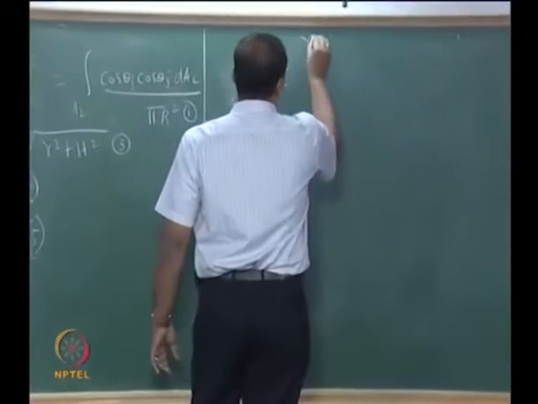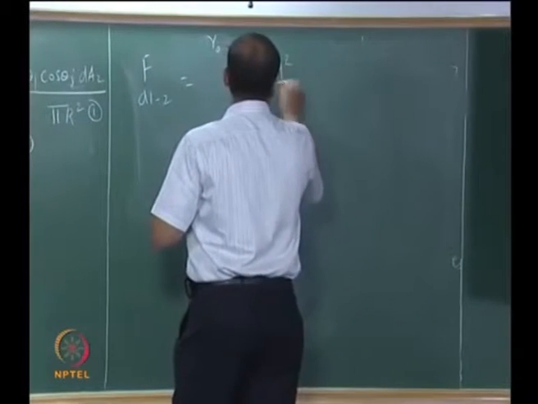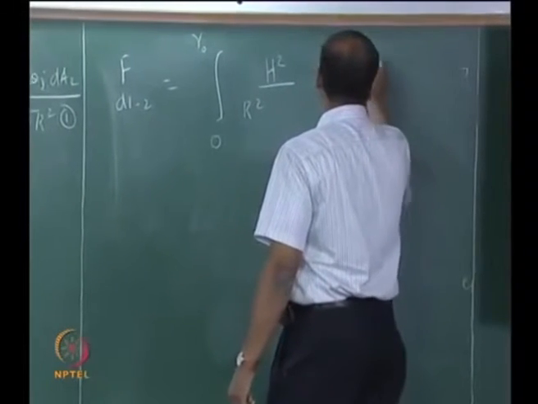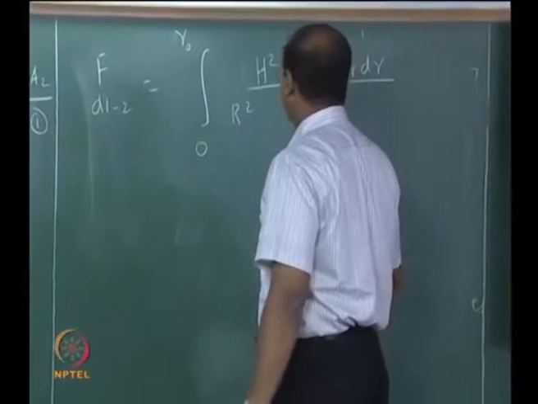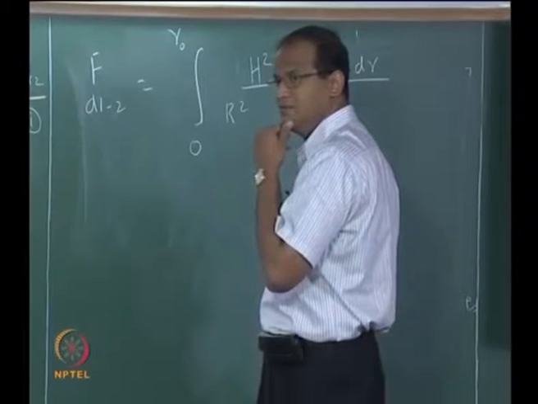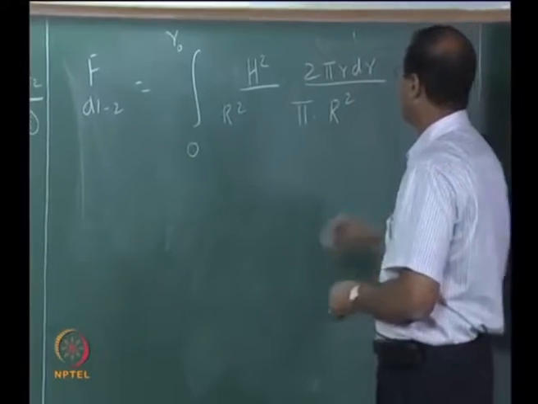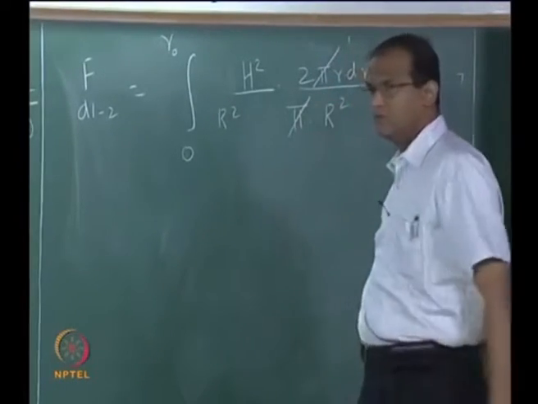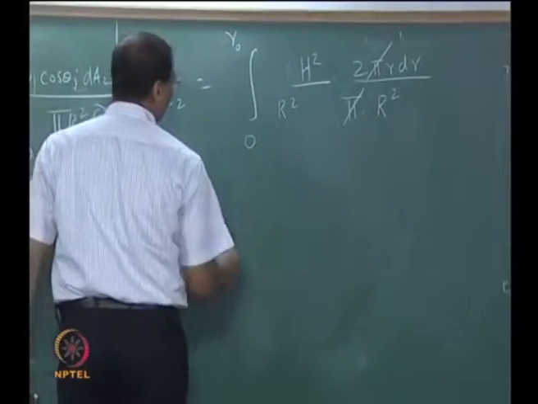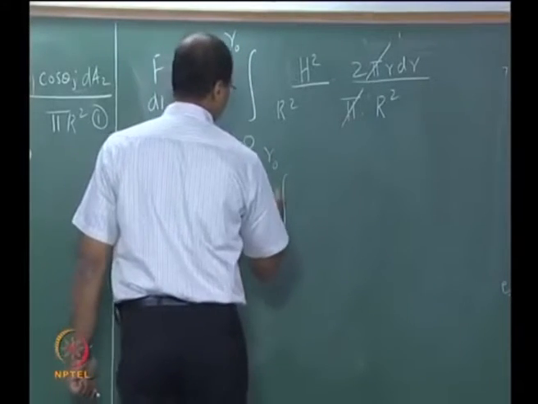Then h squared by R squared, by R squared, is it correct? 2 h squared.